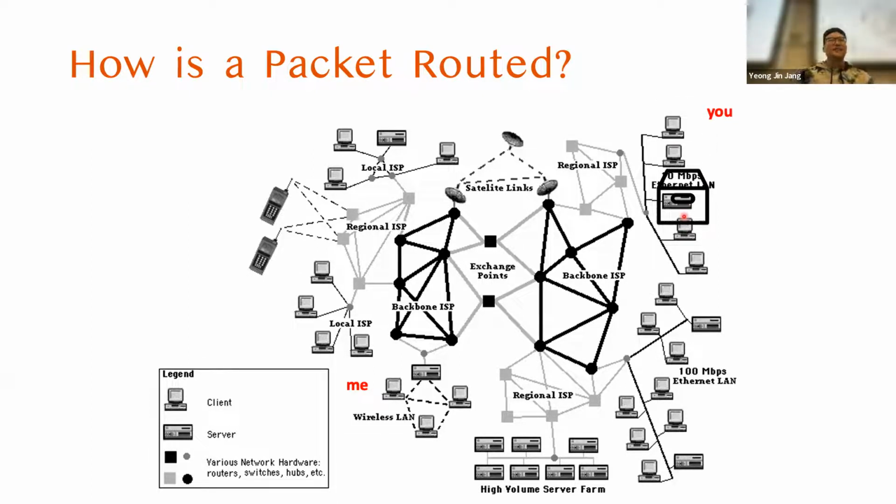At your home, your Wi-Fi router is there. If you want to send the file, it goes to your Wi-Fi router first, which is connected to some line, for example CenturyLink. Then it goes to the regional ISP, for example CenturyLink for Corvallis.